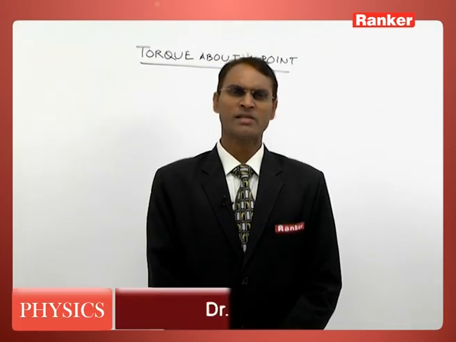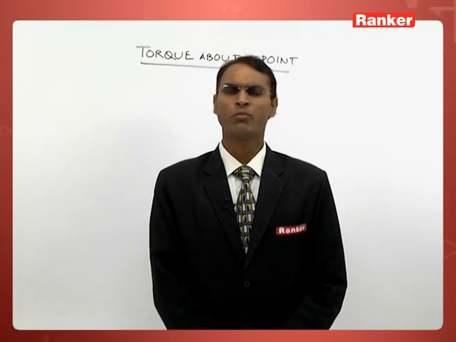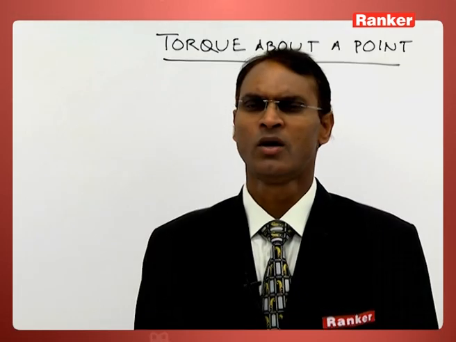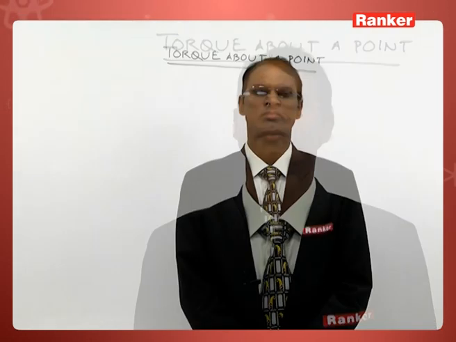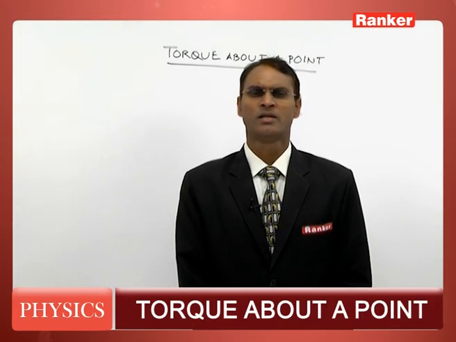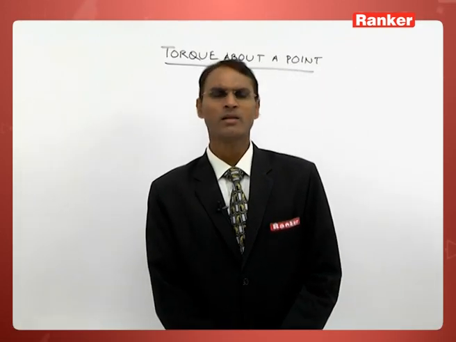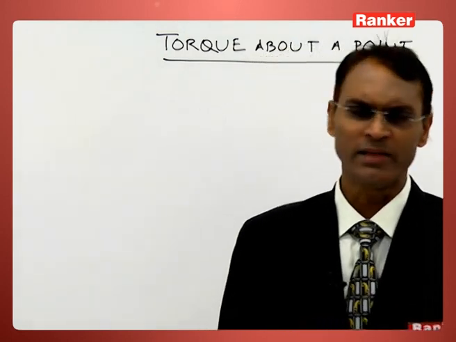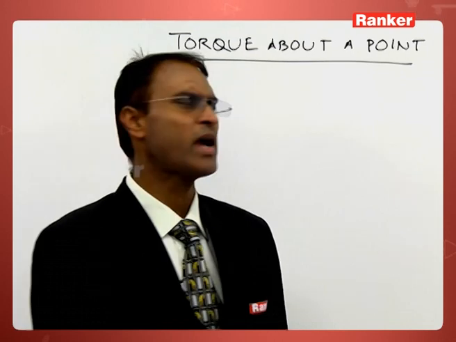As per the last class discussion, the torque of a force about a point is defined as an axial vector. Its magnitude can be given by the formula r f sin theta, and the direction is given by r cross f vector.